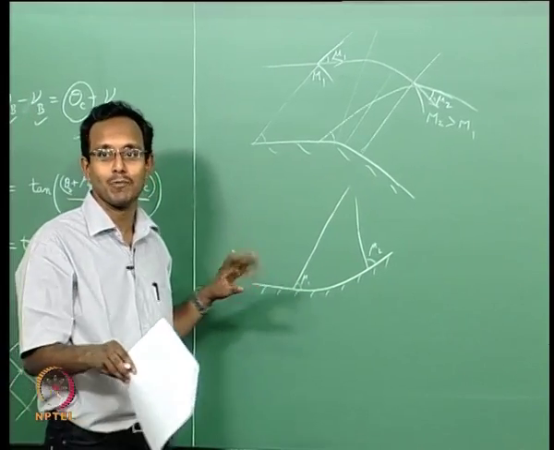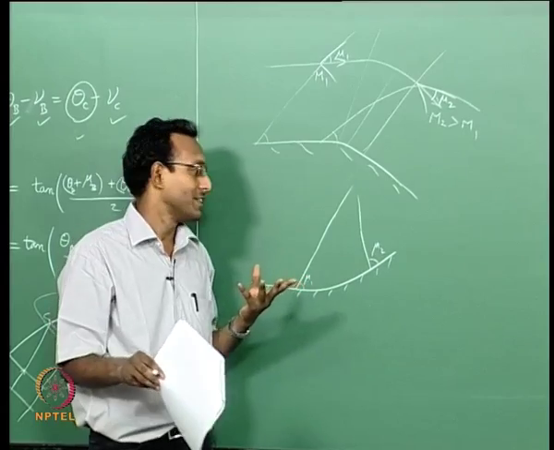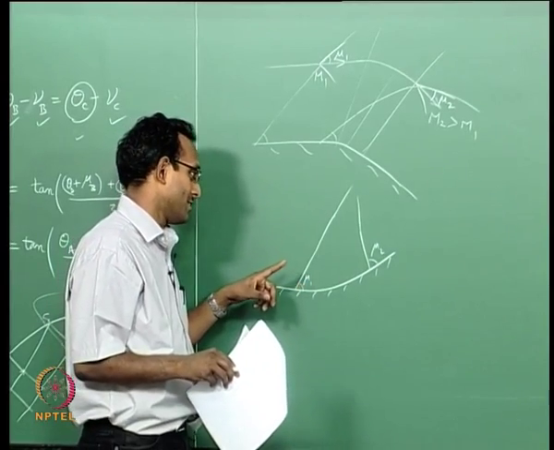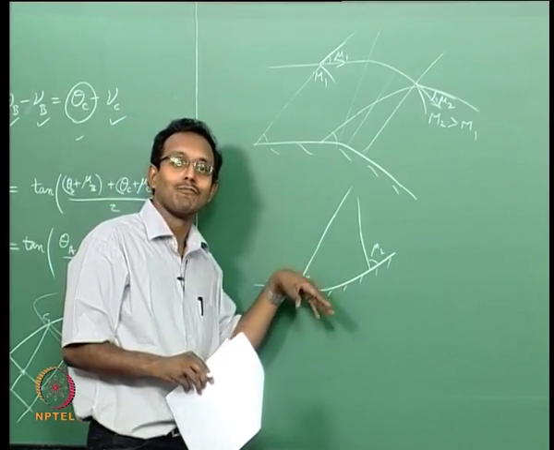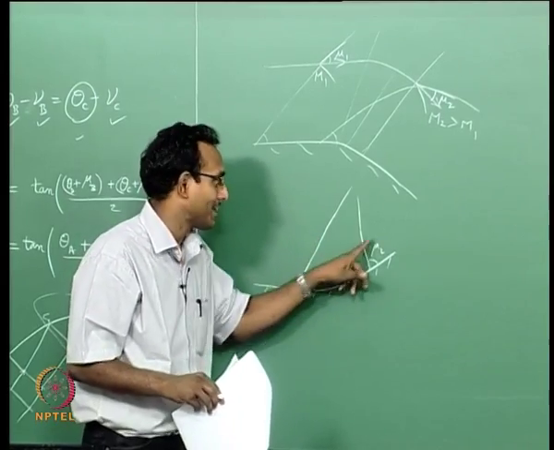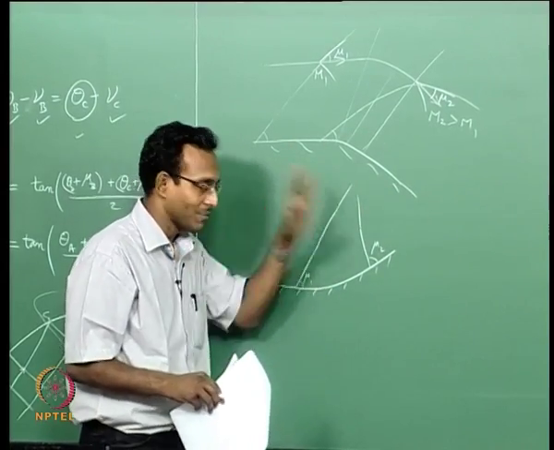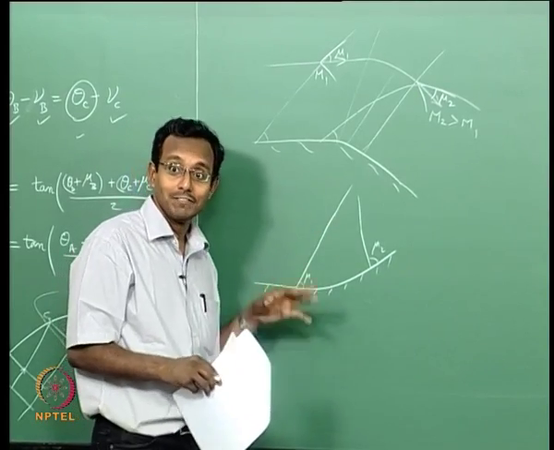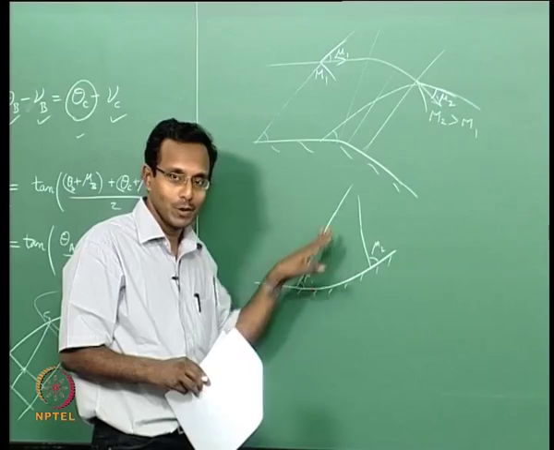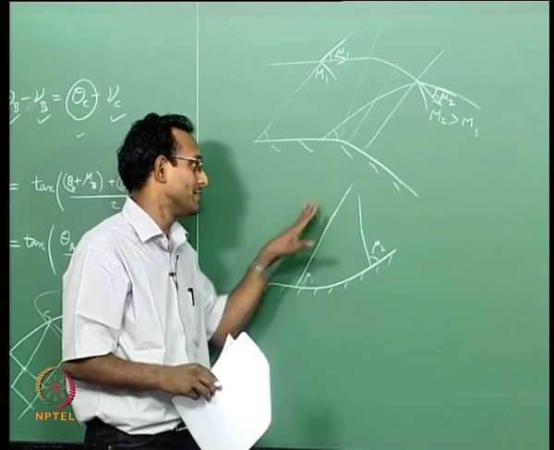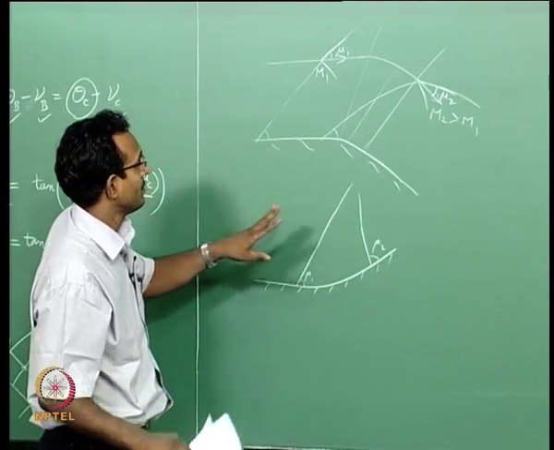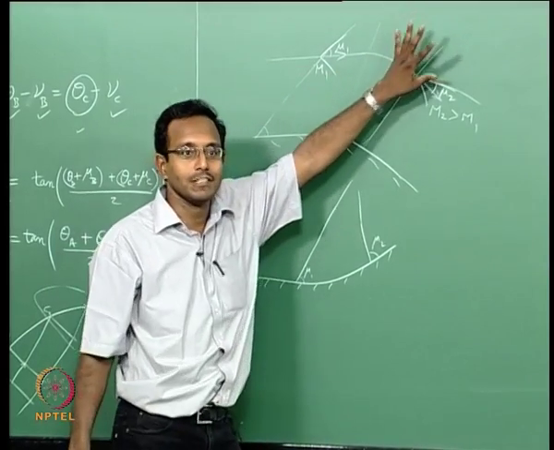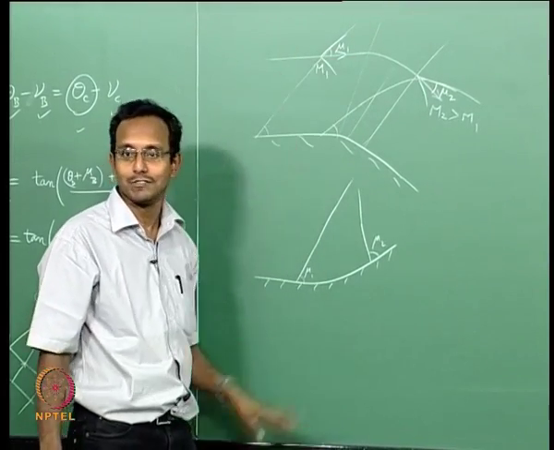Now we start talking about family of characteristics. If I think about characteristics that are left running, they are called one family, they are all the left running characteristic family, and there could be another family which is right running characteristics. Same family characteristics, if they want to meet, if they come together, then there is compression happening in that region. If they diverge, then there is expansion happening in that local region.